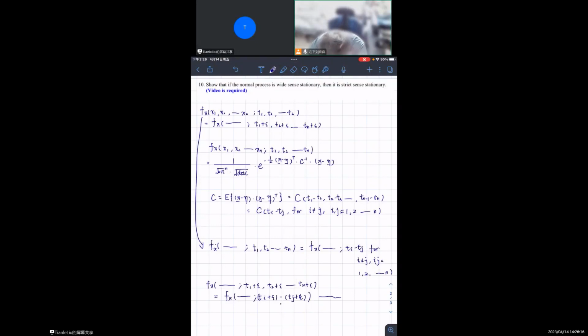Rewriting it turns out to be ti minus tj, right?